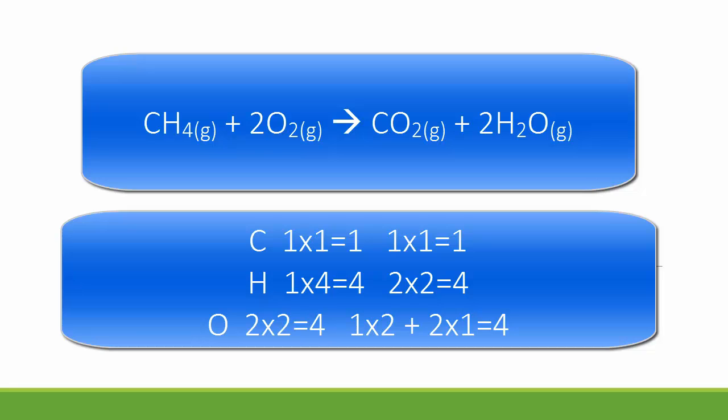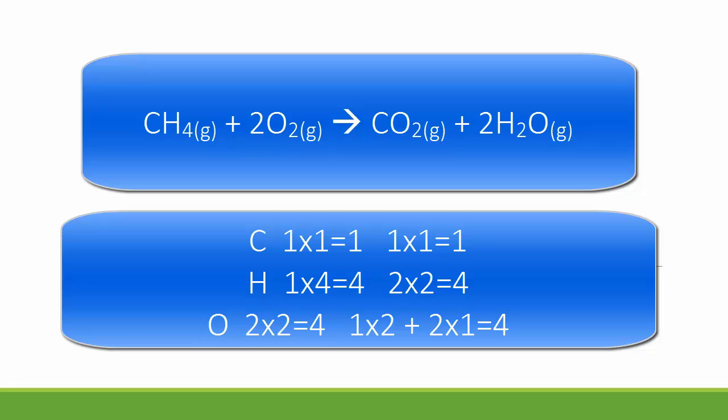So on the left-hand side, I start with 1 atom of carbon, 4 atoms of hydrogen, and 4 atoms of oxygen that are combined together to make these structures. And after the reaction, I have 1 atom of carbon, 4 atoms of hydrogen, and 4 atoms of oxygen rearranged to produce different structures.